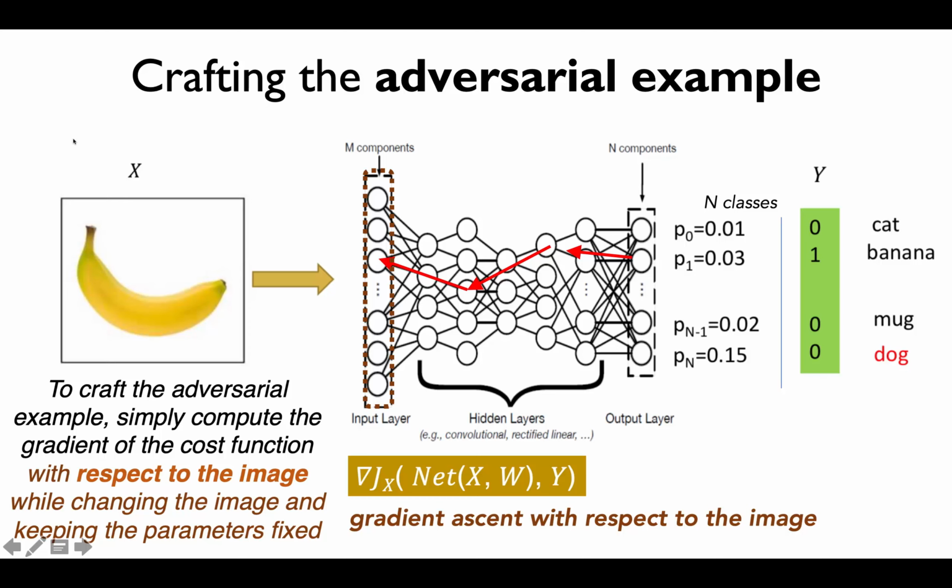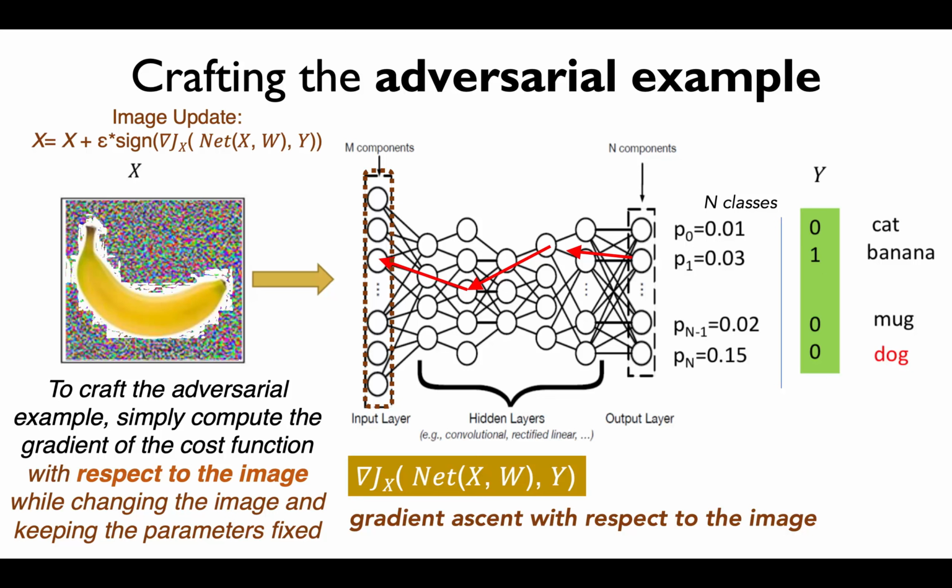This is known as gradient ascent with respect to the image, and this is a very simple algorithm. It is very simply illustrated here that we are just changing the input image rather than the weights, and the rest of the training algorithm is the same. So with this, we can change the input in ways that would maximize the loss, and when we are able to do that, we call that an adversarial example.